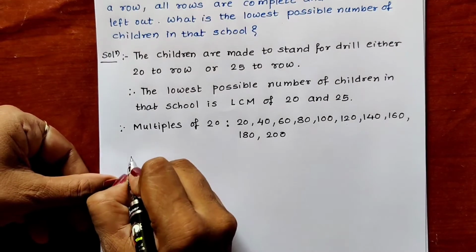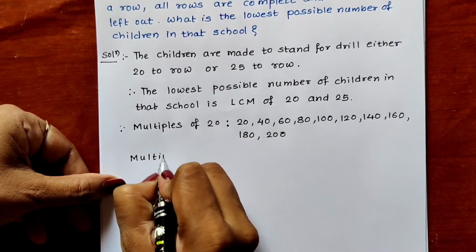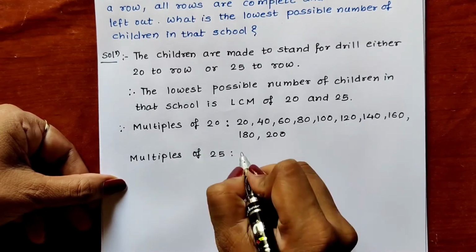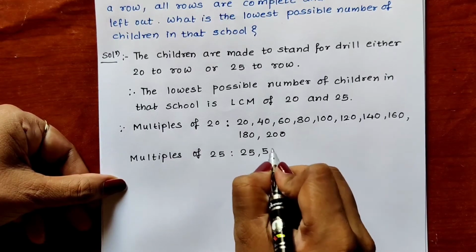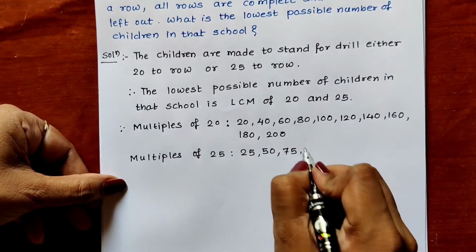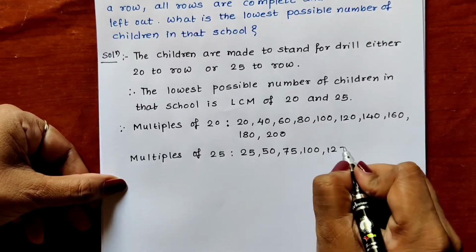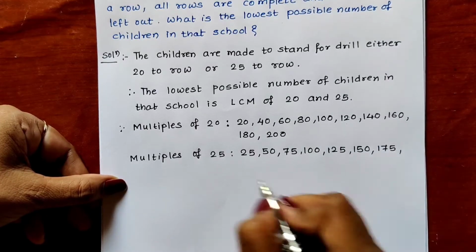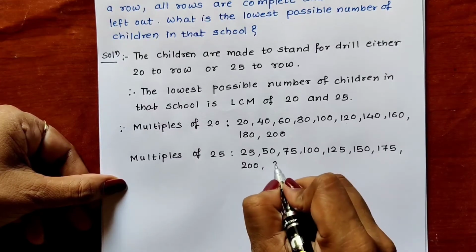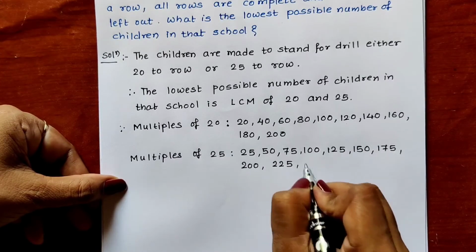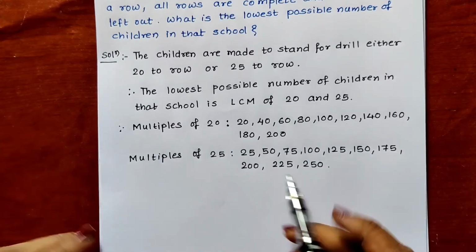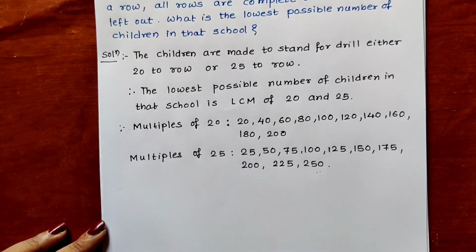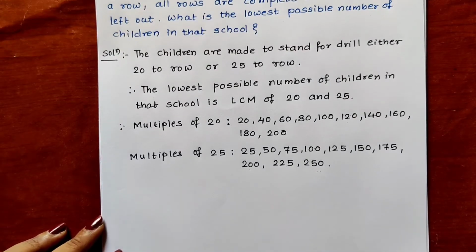I will be writing here multiples of 25. Write the table of 25. 1 2 3 4 5 6 7 8 9 10. 25 tens are 250.